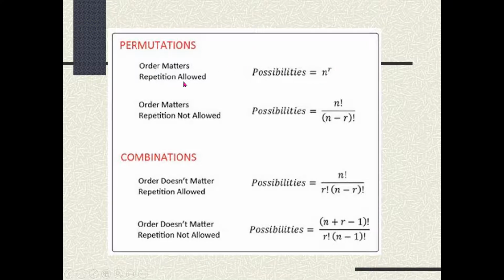If order matters but repetition is not allowed, then we will apply the permutation formula nPr. Now coming to combination, if order doesn't matter, then it's the domain of combinations. If repetitions are allowed, we will apply the combination-with-repetition formula. If repetition is not allowed and still order doesn't matter, then we are going to apply the formula nCr, n factorial over r factorial times (n minus r) factorial, right?